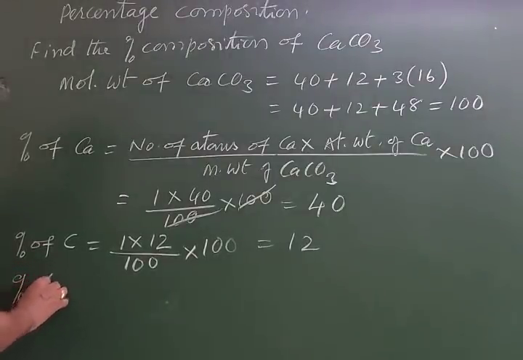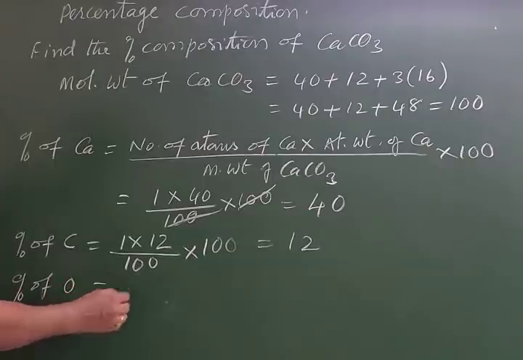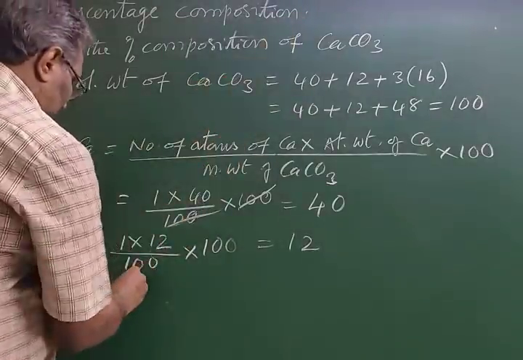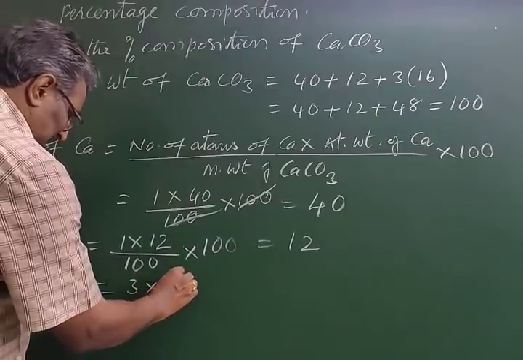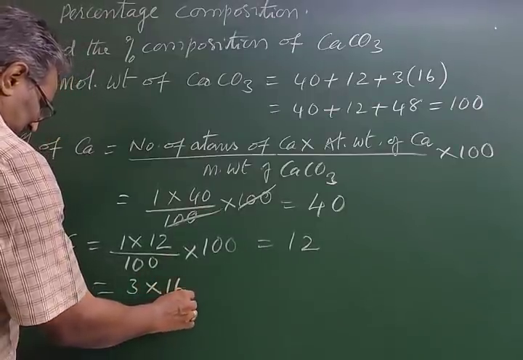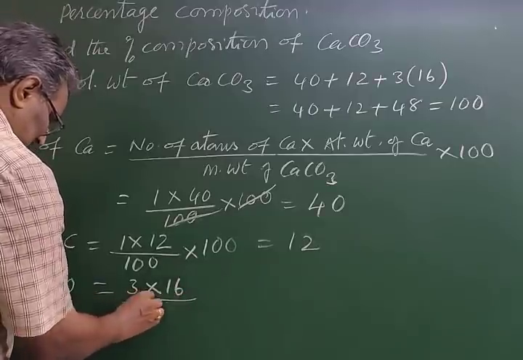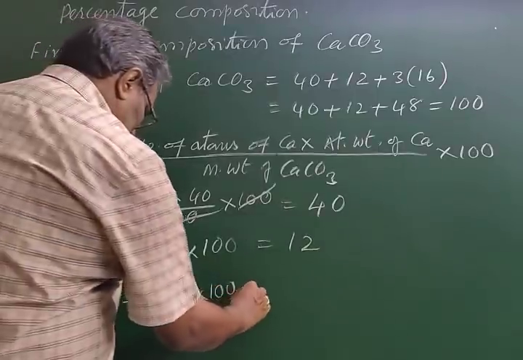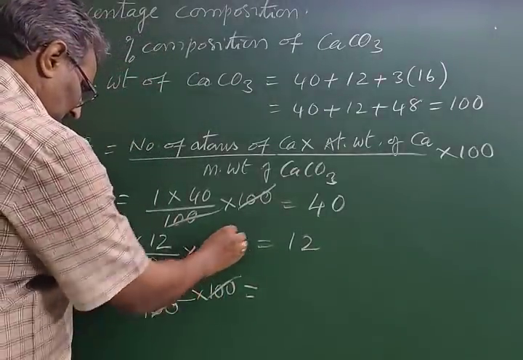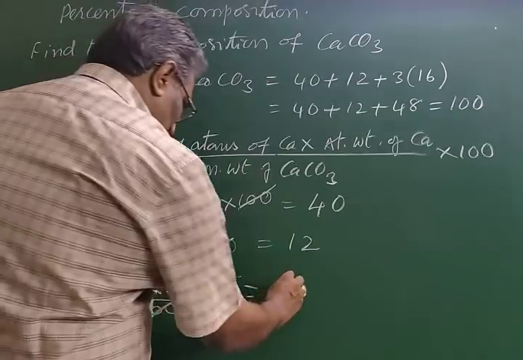In the same way, percentage of oxygen is equal to, there are 3 atoms of oxygen, so 3 into the atomic weight of each oxygen atom is 16 by 100 into 100, that is equal to how much? 48.